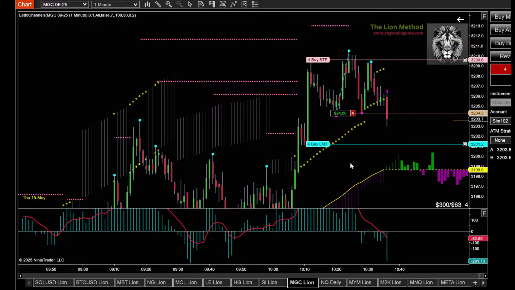Delta is really going strongly downward. All right, there is both targets. We'll stick right here in the middle. So we are short gold, 3204.3.